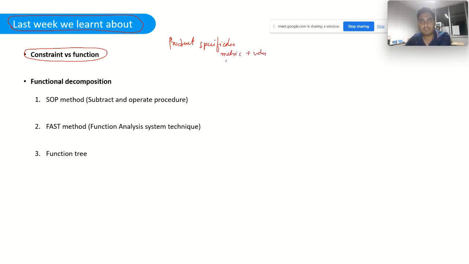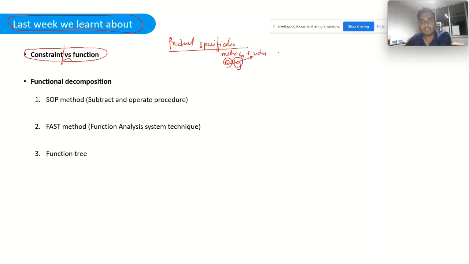For example, 50 kg. So kg is a metric, that is the weight, and 50 is a value. Some of these specifications you consider as constraints in your design, and some of them are functions.